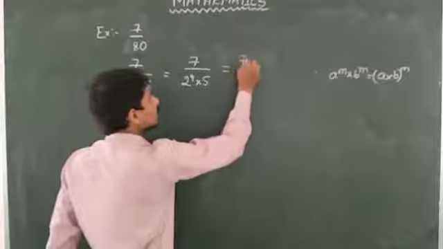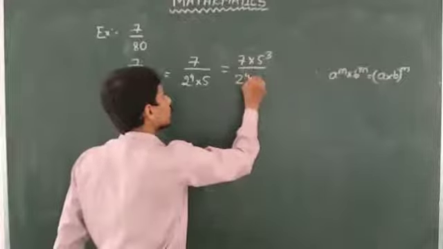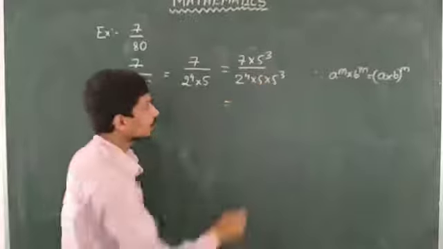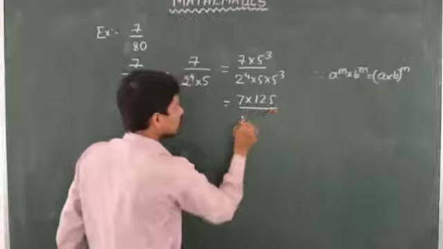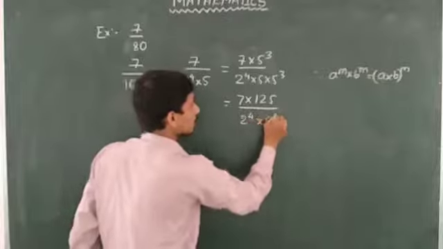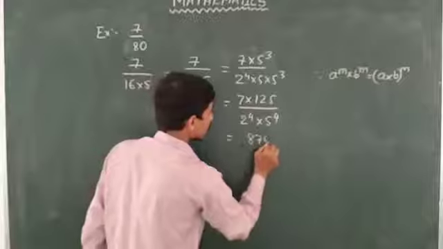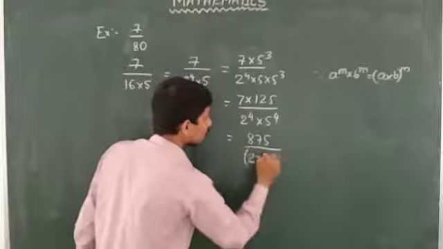That means 7 into 5 raised to 3 divided by 2 raised to 4 into 5 into 5 raised to 3. It can be written as 7 into 125 divided by 2 raised to 4 into 5 raised to 4, which is 875 divided by 2 into 5 whole raised to 4.